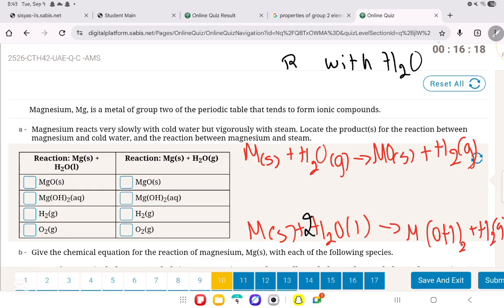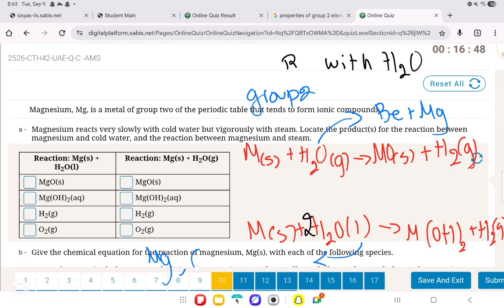Now, when do we react with gas and when do we react with liquid? Very simply, remember this is group 2. The only 2 group 2 elements that react with water gas are Be and Mg. And then the rest, including magnesium, because magnesium reacts with both liquid and gas water. So magnesium, Ca, Sr, and Ba will do the liquid reaction.